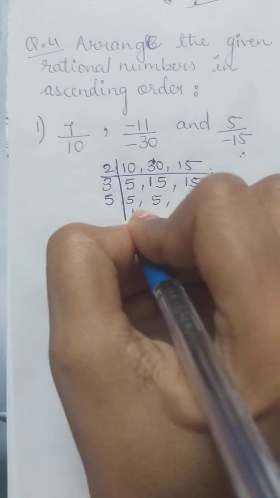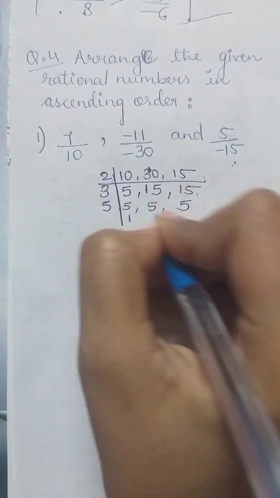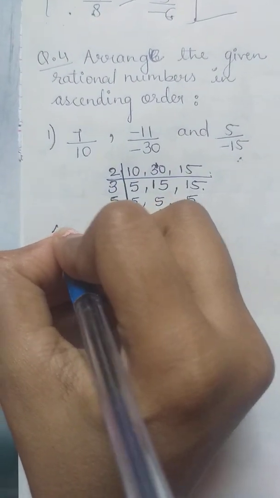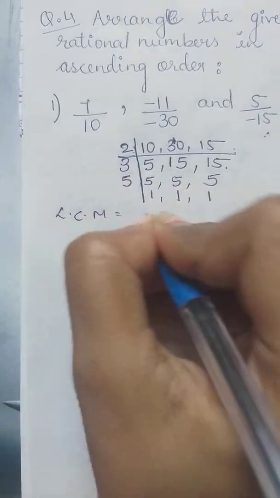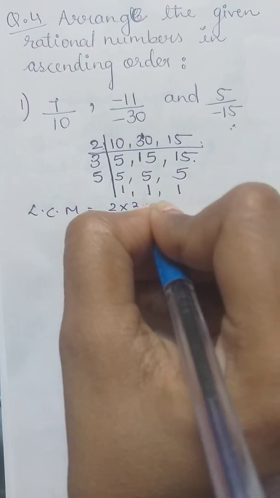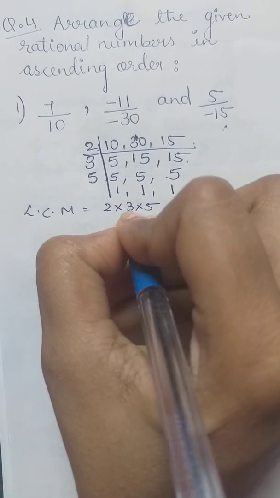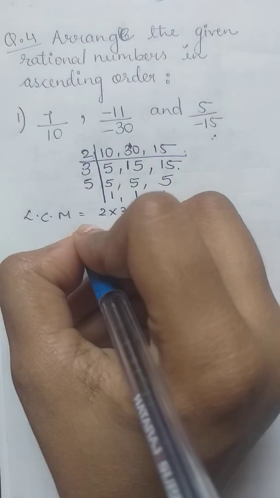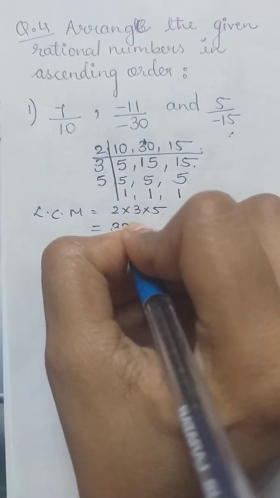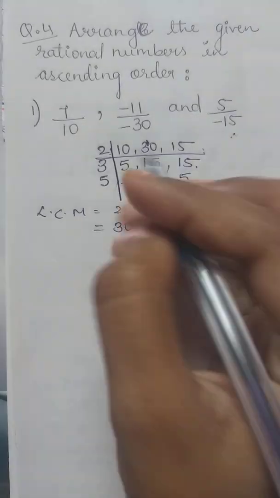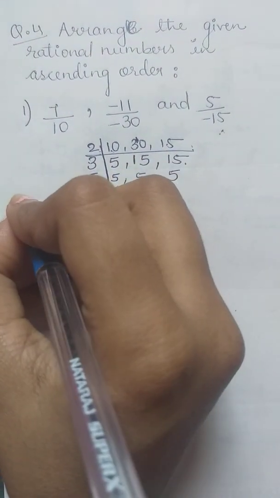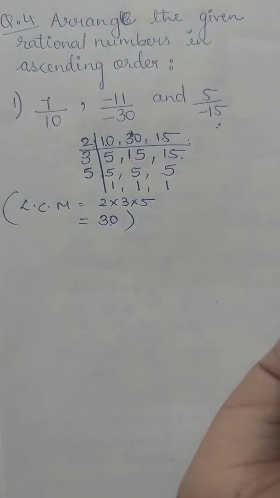Now 5 1s are 5. Therefore LCM is equal to 2 into 3 into 5. 2 3s are 6, 6 5s are 30. So therefore LCM is equal to 30. The LCM of 10, 30 and 15 is 30.